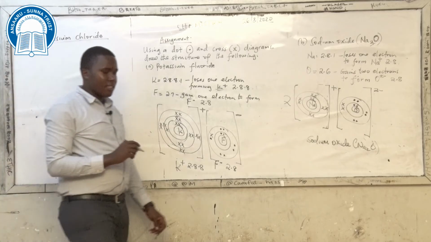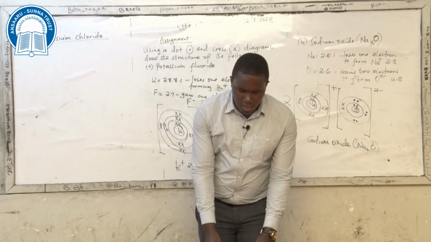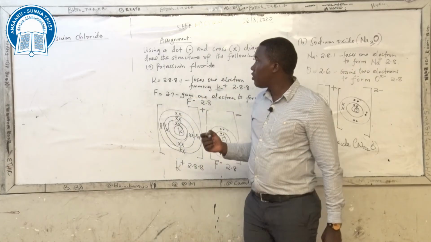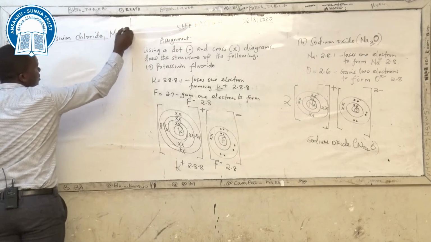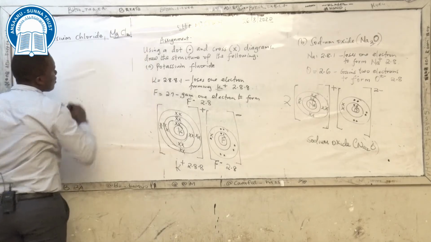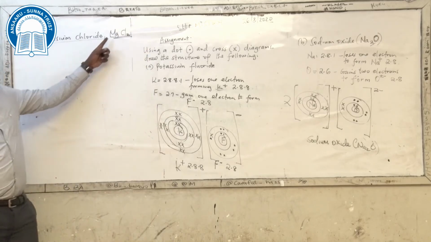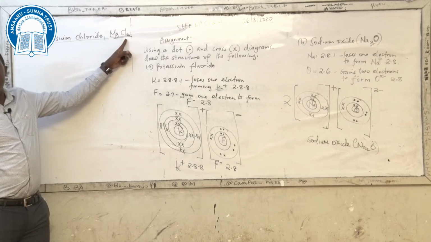Magnesium chloride has got 2 atoms, magnesium atom and chlorine atom. And the formula is MgCl2. So it means that you require 1 magnesium atom and 2 chlorine atoms.